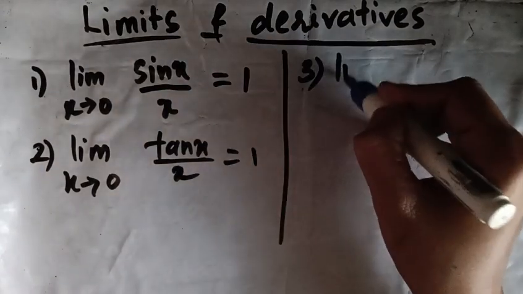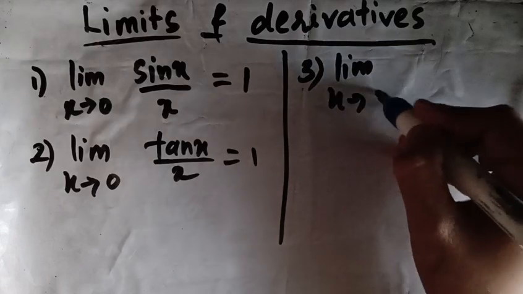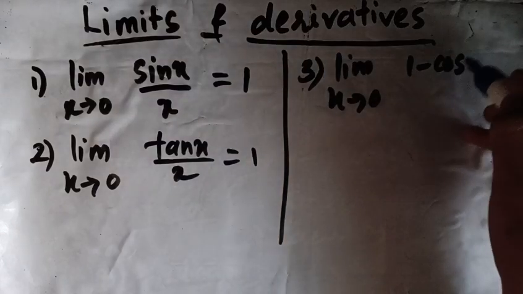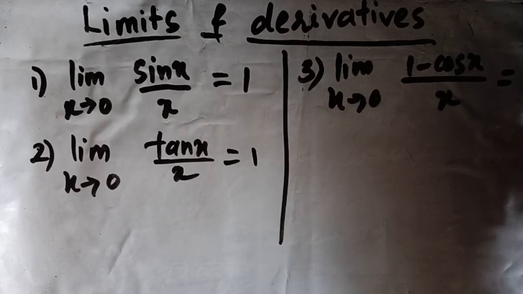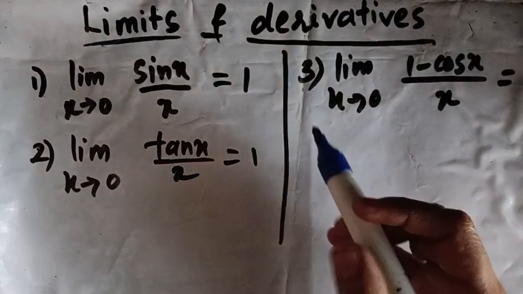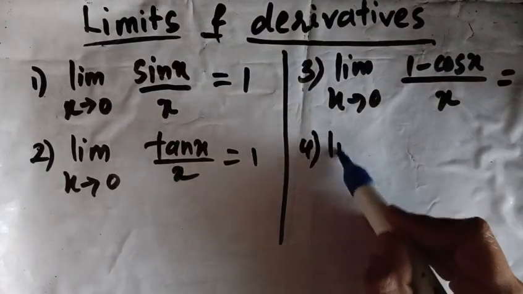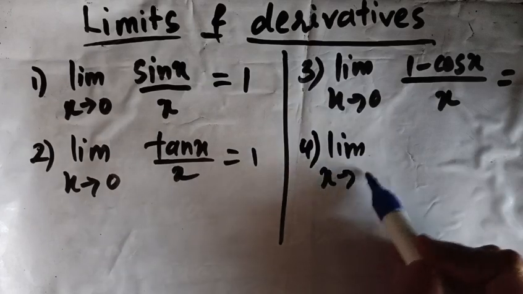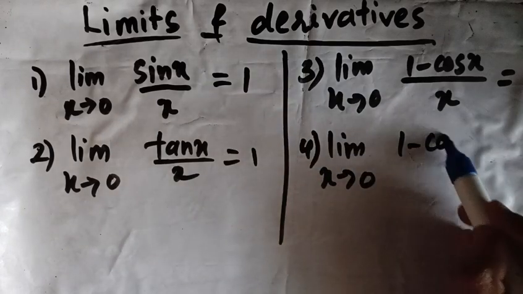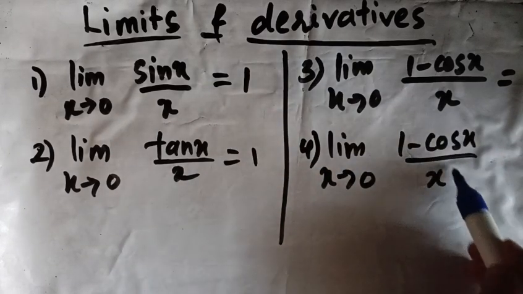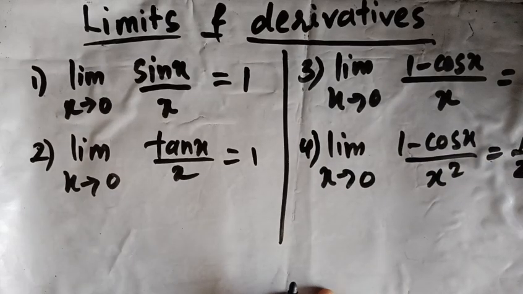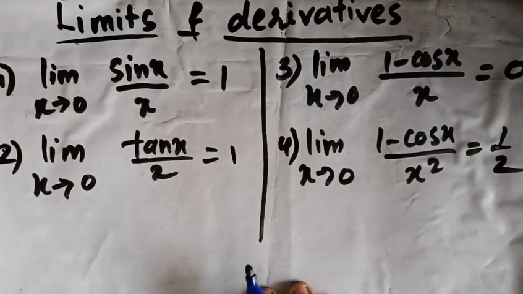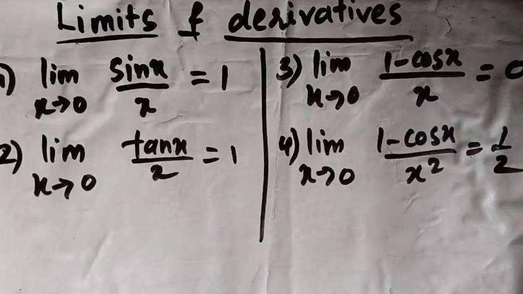Then limit as x tends to 0, 1 minus cos x upon x is 0. Limit as x tends to 0, 1 minus cos x upon x square is half. Okay, so you have to keep these limits in mind. We will be using these limits.